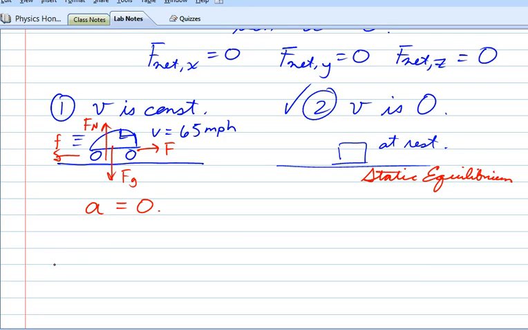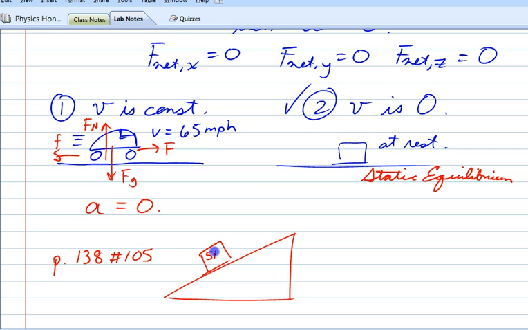So we have an inclined plane and a 5-kilogram block placed on this plane, and it's adjustable, so we can change the angle. What angle of the incline would cause the block to start sliding down the plane? Okay, so we want to know basically what's the angle where we're just barely leaving static equilibrium.